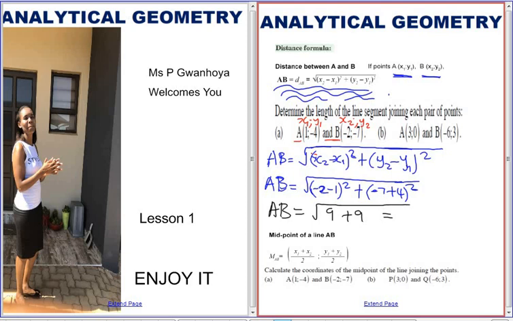So you seem to have a square root of 18 here, which if you want, you can simplify. Since it is 9 times 2, it should be 3 root 2 here, because the square root of 9 will simply be 3. So that's how long AB is this time around. So you could easily calculate the distance AB this time, by substituting into that formula.